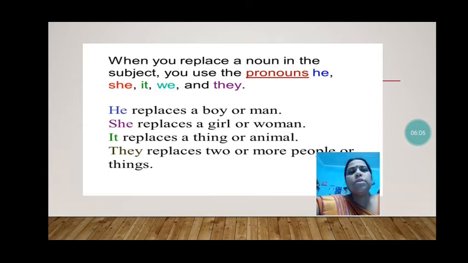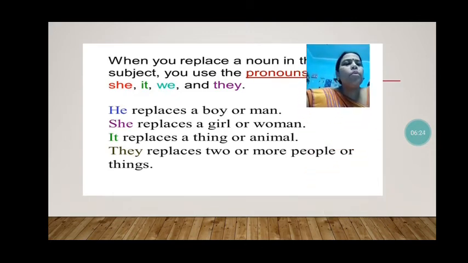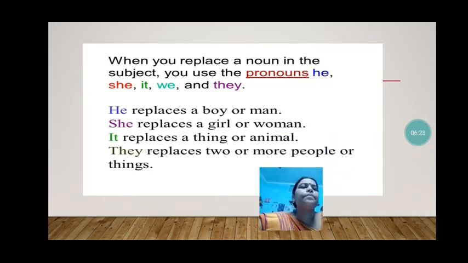So, he is used in the place of a boy or man instead of saying the name again and again. She is used instead of a girl or a woman. It replaces a thing or animal. And they replaces two or more people or things. They is used for plurals.